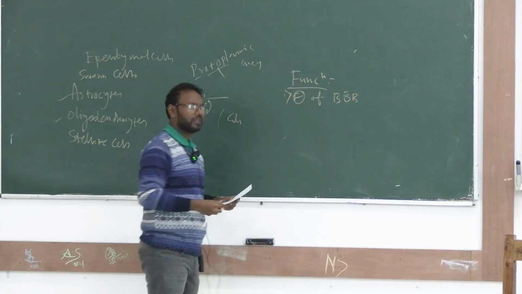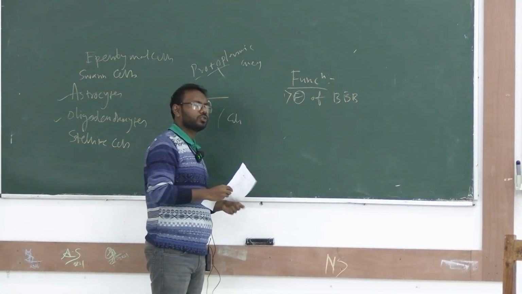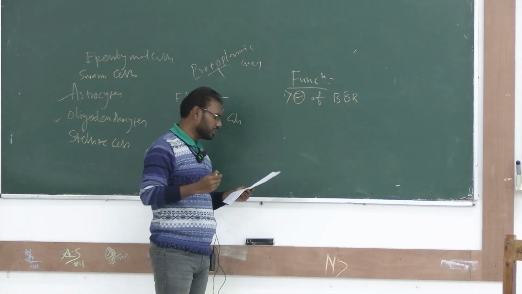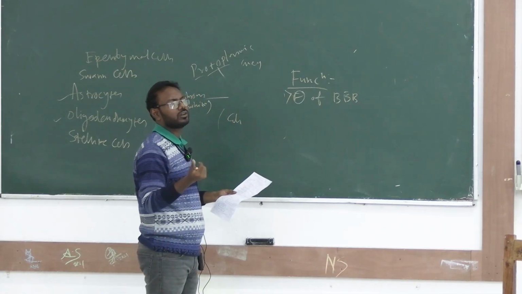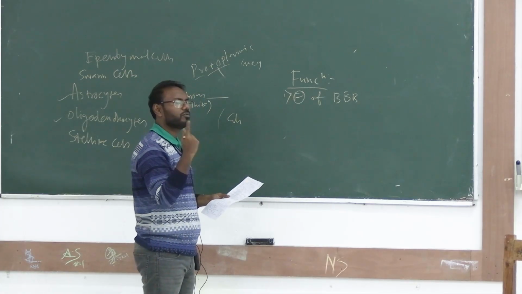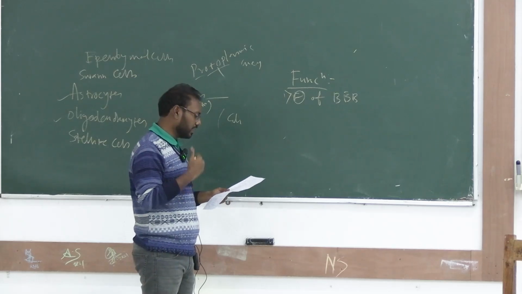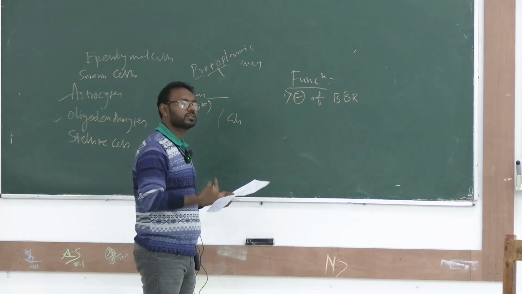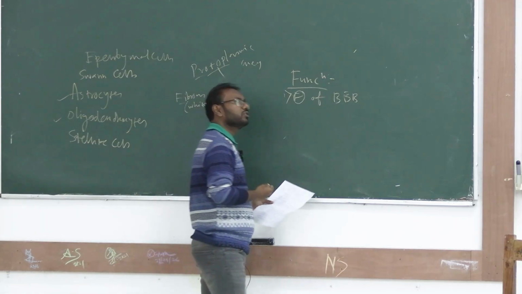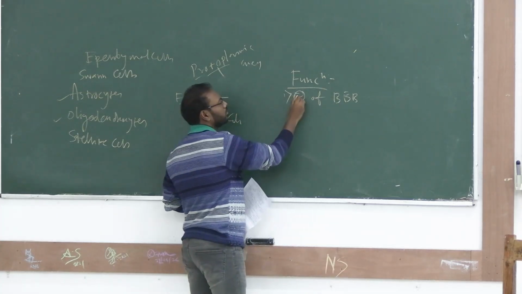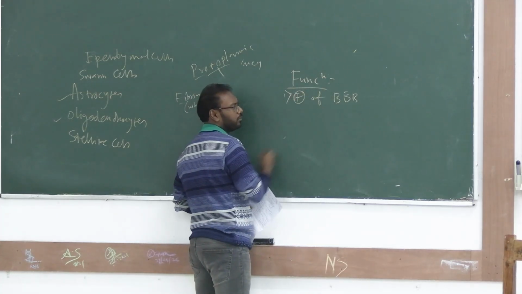Now this blood brain barrier actually consists of two things. First is astrocytes, they only take part in forming one part and the other part actually comes from your endothelial cells. So this is for formation of blood brain barrier.